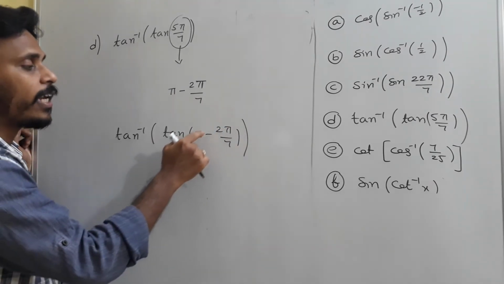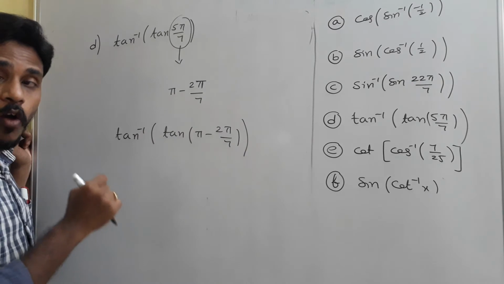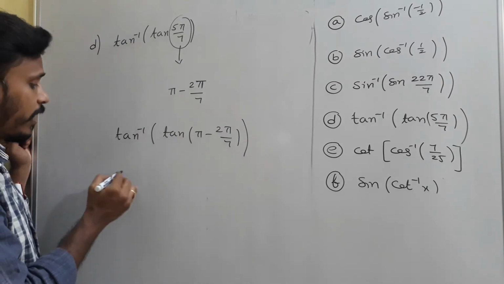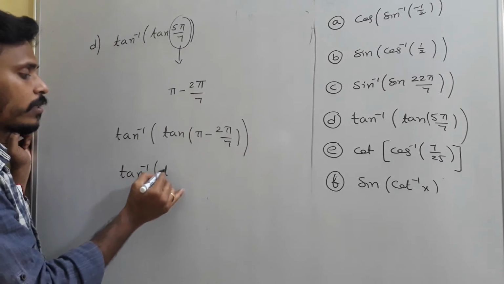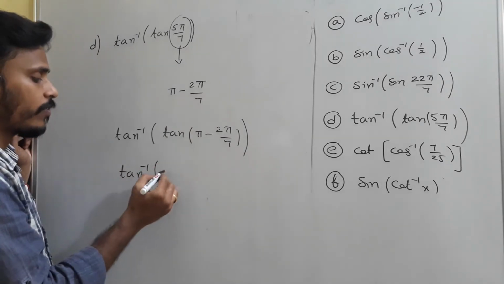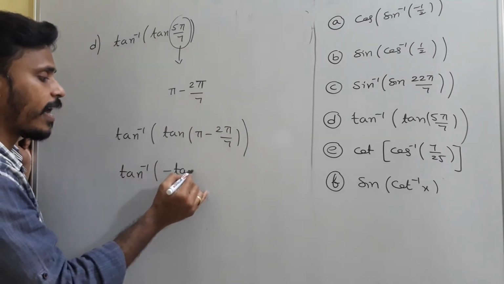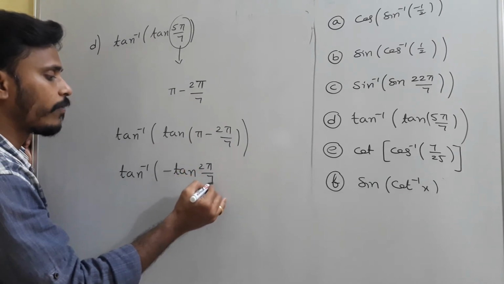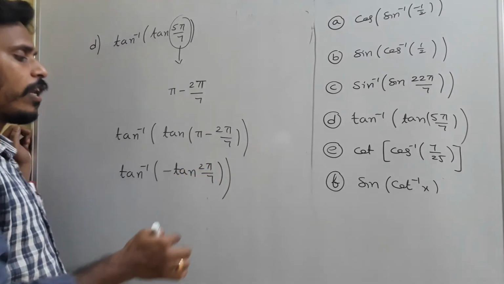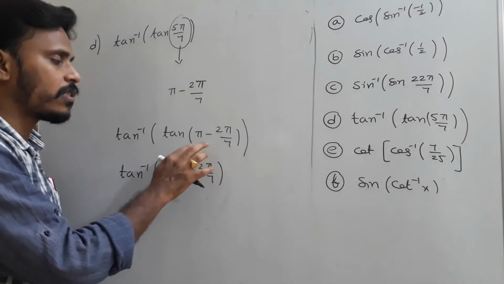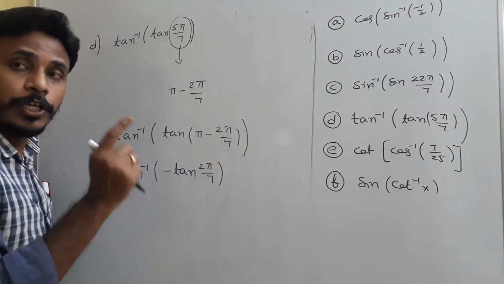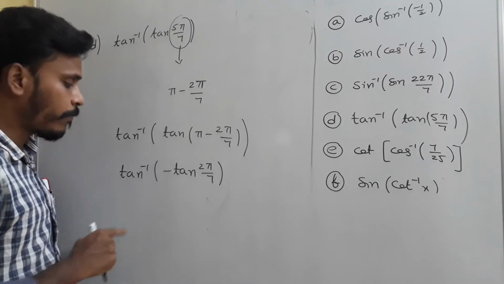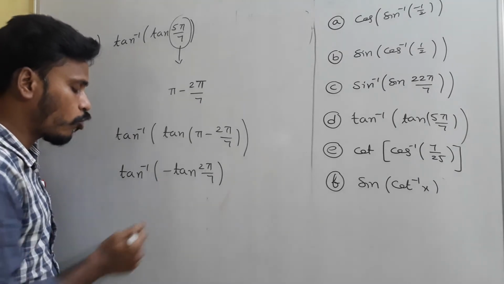Tan of 180 minus theta is minus tan theta. So this is tan inverse of minus tan of 2 pi by 7. If any of you feel difficulty with tan of 180 minus theta, sine of 180 minus theta and so on, just revise your trigonometry. So tan inverse of minus tan 2 pi by 7.